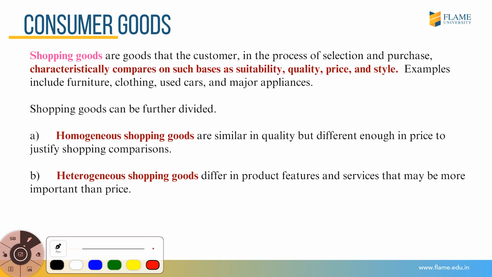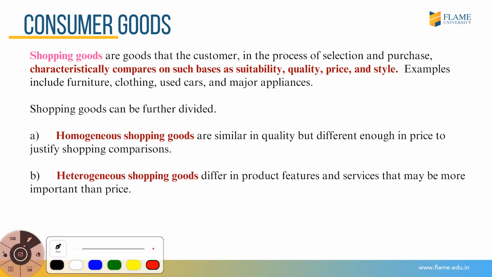Next classification is called shopping goods. These are those kind of goods where a customer actually has to spend some time and effort, and the product has to go through a selection process. You just do not pick them out. For example, if you want to buy a TV, or a car, or a bike, or a mobile phone, it is not that you just wake up suddenly and go into the market and purchase it.